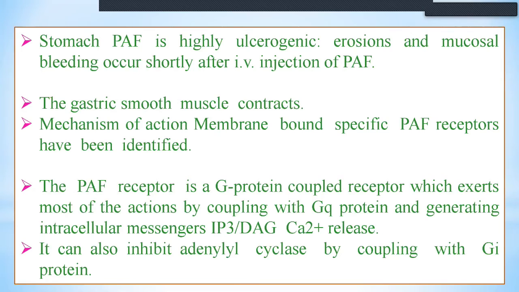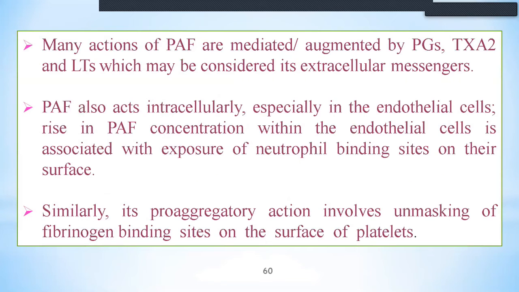It can also inhibit adenylyl cyclase by coupling with Gi type proteins. Hence, inhibitory action is initiated by PAF in different tissues. The many actions of PAF are mediated or augmented by prostaglandins, thromboxane A2 and leukotrienes, which may be considered as extracellular messengers.